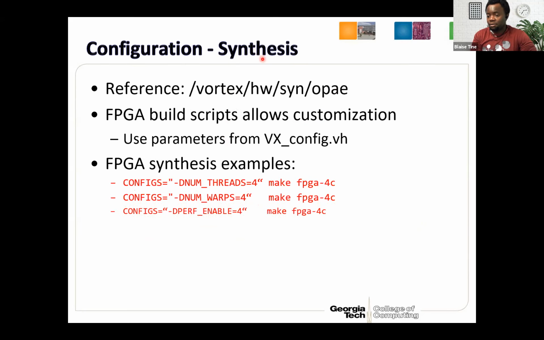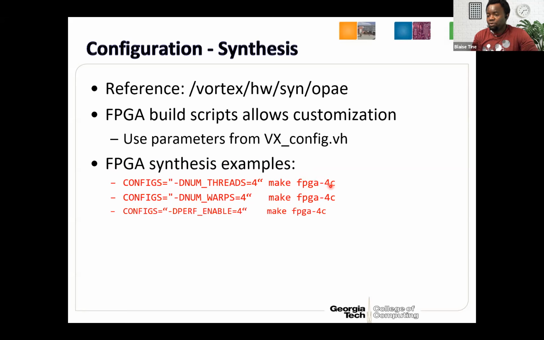For the synthesis, we use the same kind of programming model. The config.vh is used by the build script as well. And when you run the synthesis, if you want to, let's say, build the FPGA with 4 cores, you can use the same syntax to specify, let's say, the number of threads that you want to use for this specific configuration.